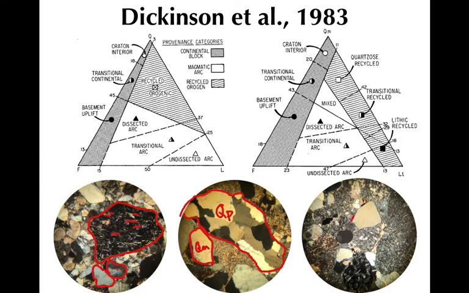Here on the right, we have another monocrystalline grain of quartz. And it sits right next to a grain of chert. The boundaries of this are kind of hard to see. Very fine grained polycrystalline quartz. There's another one right there.